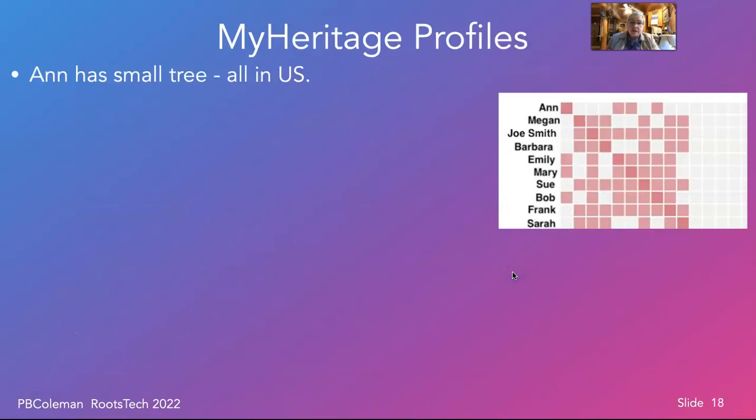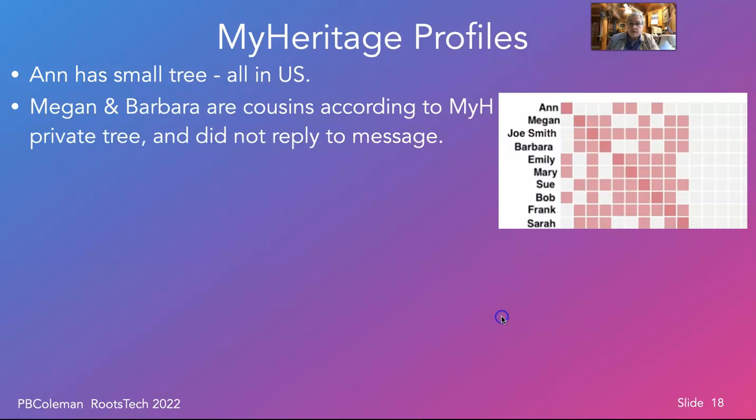So now we're going to look at the MyHeritage profiles for the people in cluster 1 to see what information we can determine there. Anne has a small tree. All the people live in the United States, and there's no indication of any ancestor going back to Ireland. So there's really not much information here that's going to be helpful.